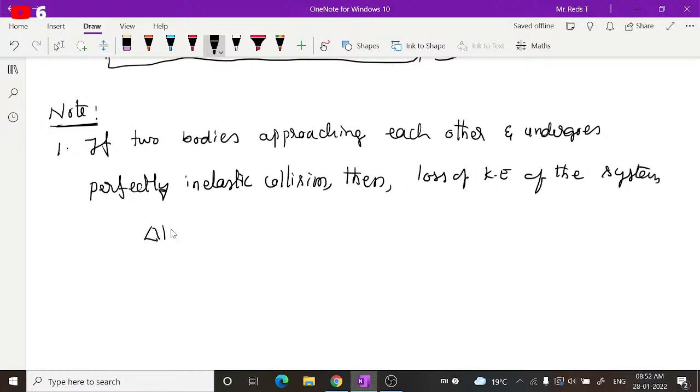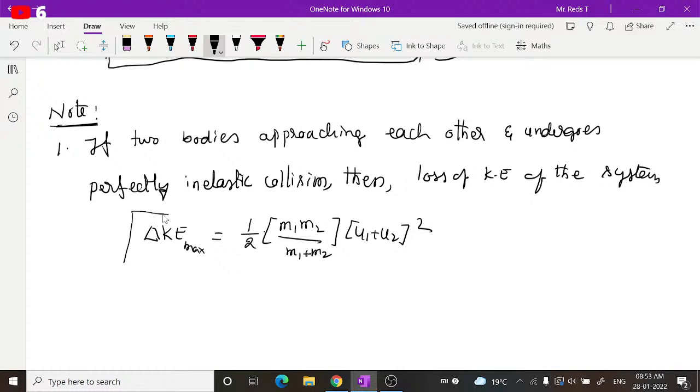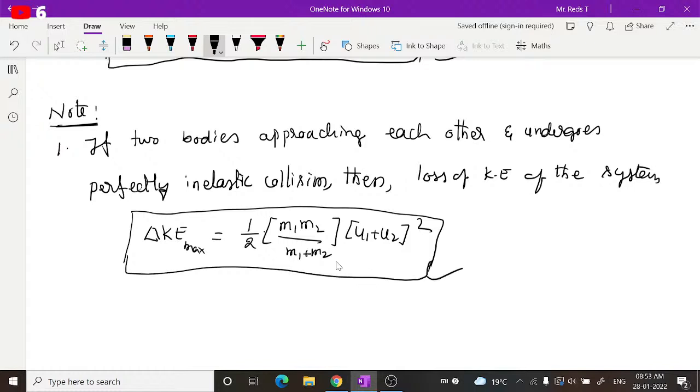Then loss of kinetic energy can be expressed as delta KE, and here the maximum kinetic energy may be lost, given by delta KE maximum, equal to half into m1 m2 divided by m1 plus m2 into u1 plus u2 whole square. This will be the loss of kinetic energy in this case, provided it is a perfectly inelastic collision only.